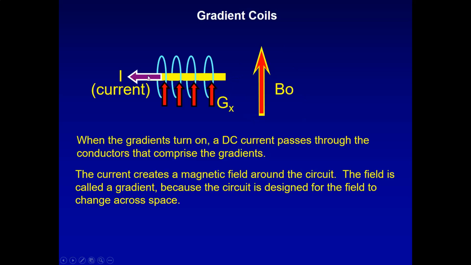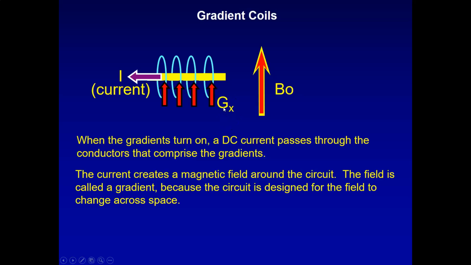When current passes through them, according to the right-hand rule, just as was the case when we talked about radio frequency coils, you put your thumb in the direction of the current and your fingers will wrap around the wire in the direction of the magnetic field. Now, instead of talking about B1 when we're with a wire that's in an RF coil, we're talking G for gradient, but it's just another magnetic field.